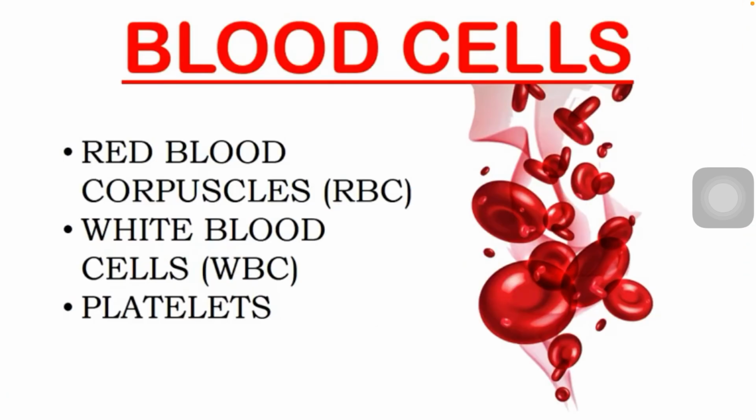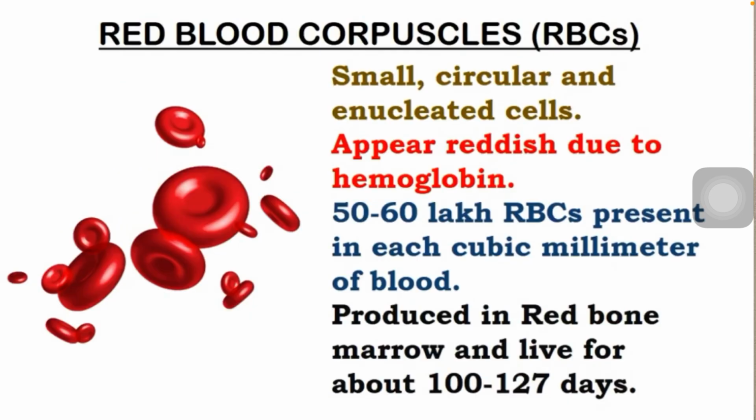Blood cells. It consists of red blood corpuscles, that is RBC, white blood cells, that is WBC, and platelets. Now we will see about red blood corpuscles, that is RBC.